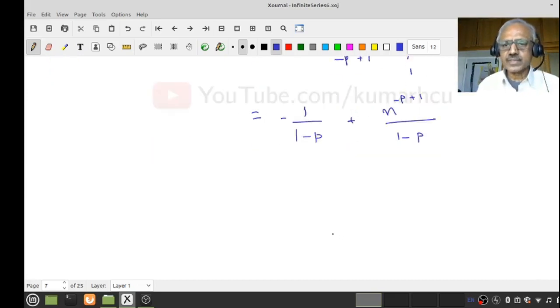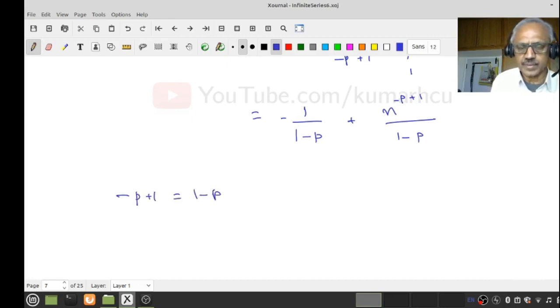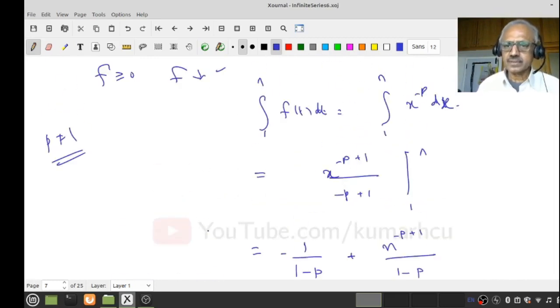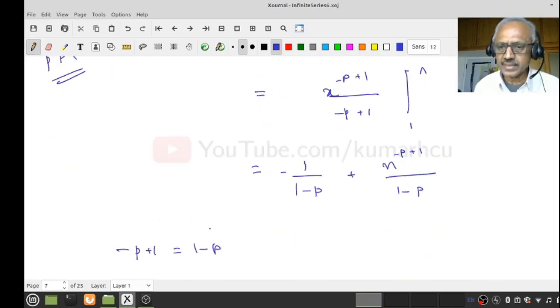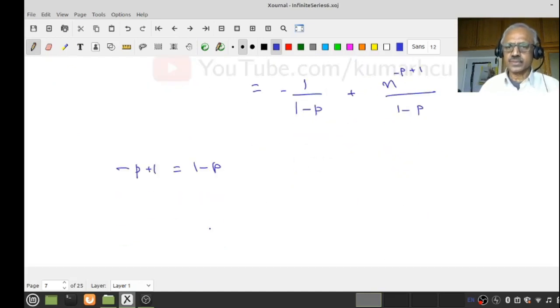So whether it converges: minus p plus 1 is 1 minus p. I want to know whether this converges. So when does this converge?